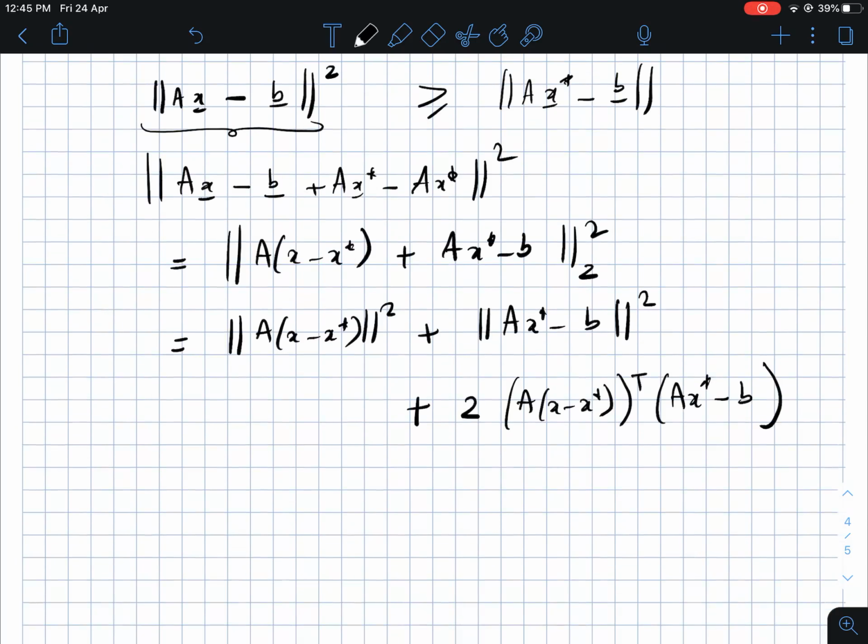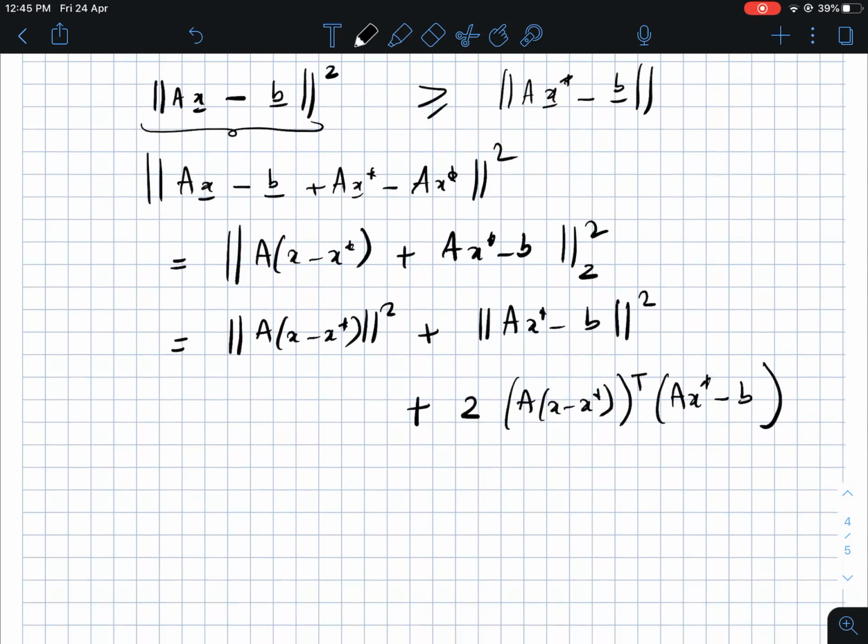Let's delve into this term a bit deeper. This is just going to be (x minus x star) transpose, A transpose, times (A x star minus B). Now by the orthogonality principle you already forced this term to be 0. This is the error and this is the data. So this term is already 0, and I can simply ignore this whole thing.